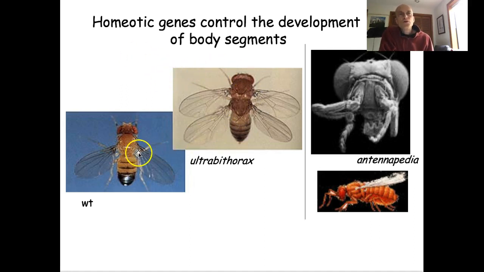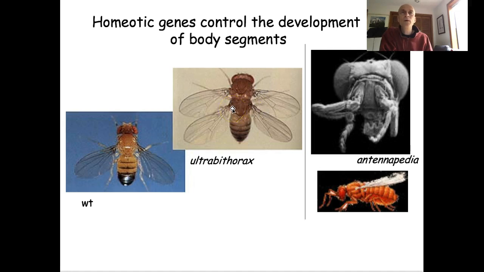But here, what I want to show you is some mutants that were found that determine the segments of this fly. So for example, here's a wild-type fly, and here you see a fly that has an extra set of wings. So this part of the body is essentially duplicated.